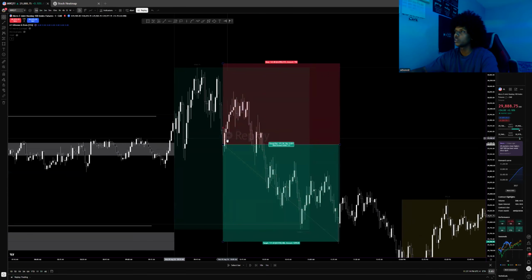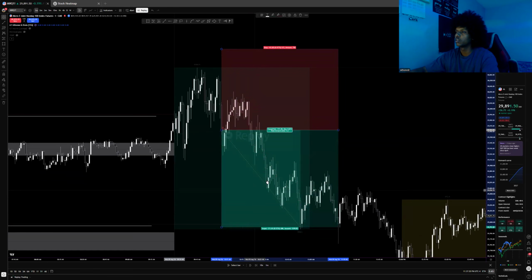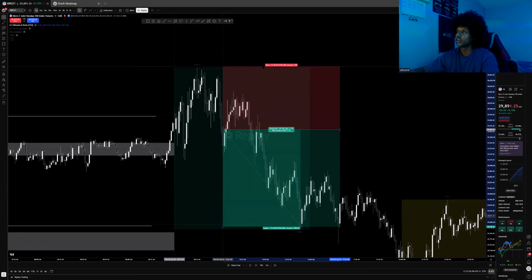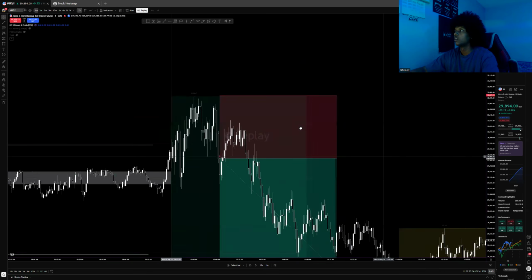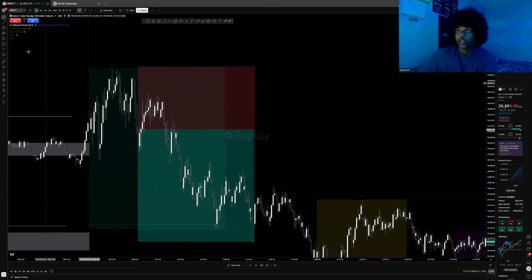Also my entry would have been way above, probably here, or probably at this low, and then the target would be the same. That one is 1.77. Oh, that's a nice trade.